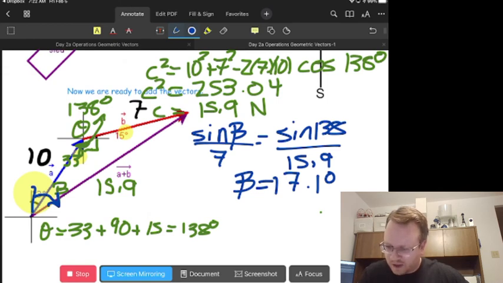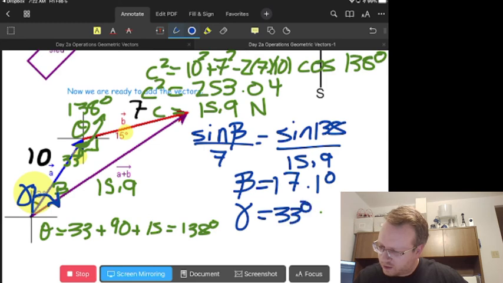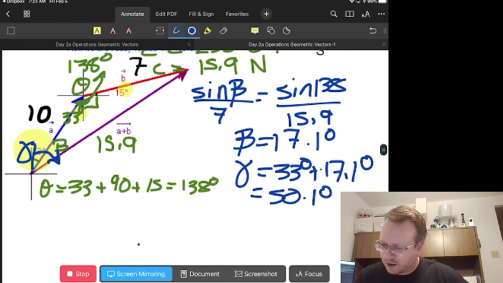So let's call this angle gamma. We'll find our new angle. We already had 33 degrees plus our 17.1 degrees gives us 50.1 degrees.